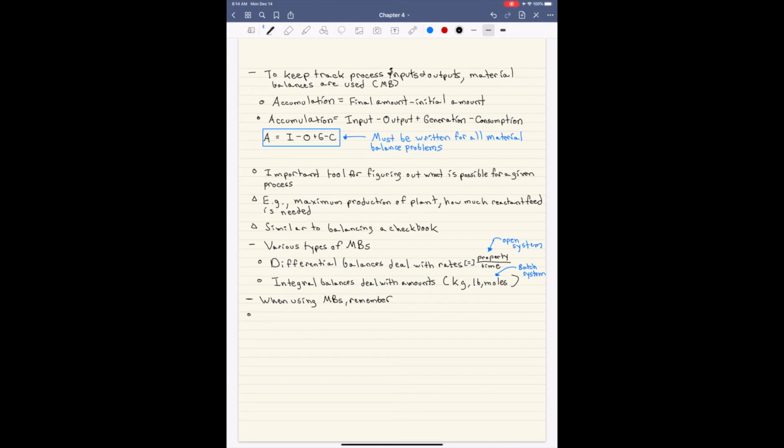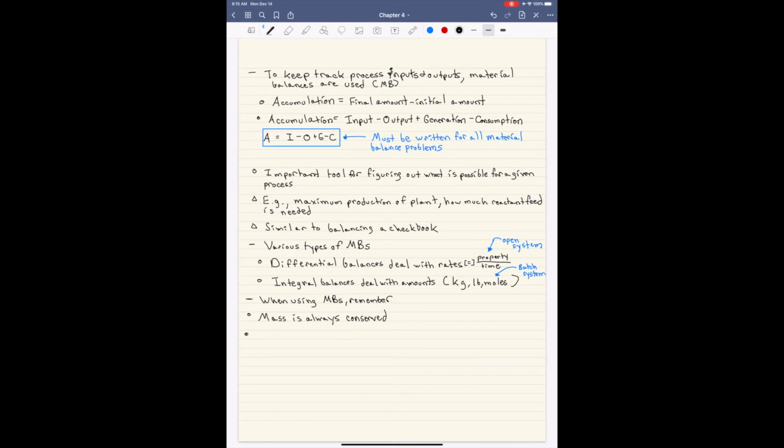The key thing, the thing that makes material balances work, is that mass is always conserved, right? So if 5 kilograms goes into the process, 5 kilograms needs to be leaving the process, right? So that mass has to be conserved.